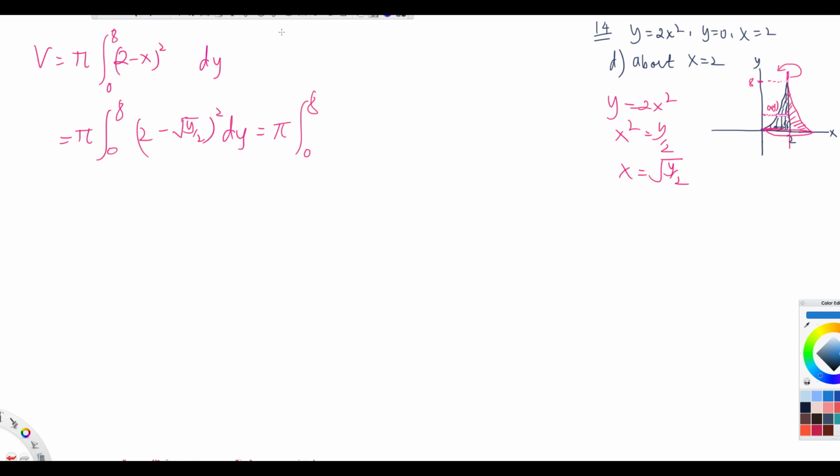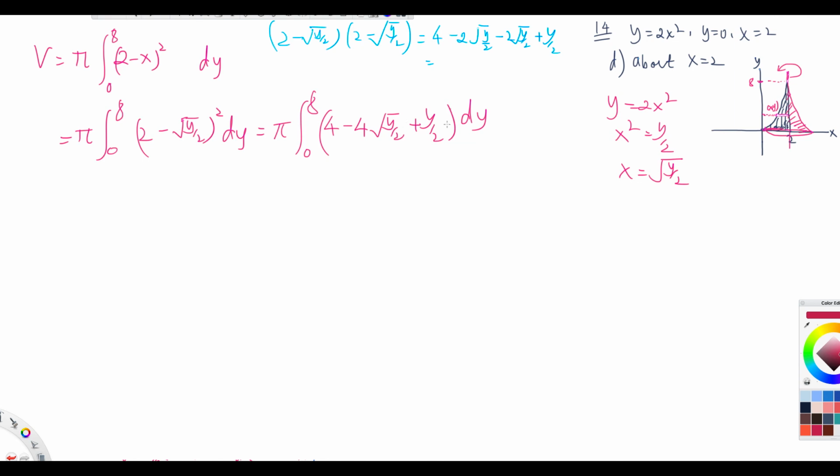Let me show you. 2 times 2 is 4, minus 2 times root y over 2, minus another 2 times root y over 2, and then minus times minus is plus, just y over 2, because root y over 2 times root y over 2 is y over 2. So that will be 4 minus 4 root y over 2 plus y over 2, dy.